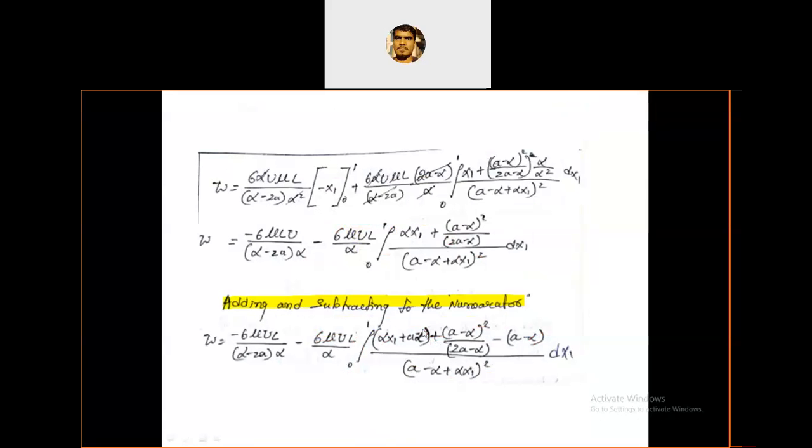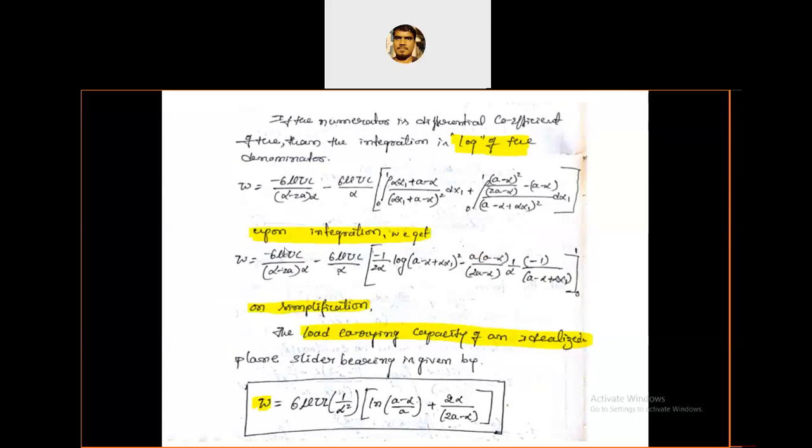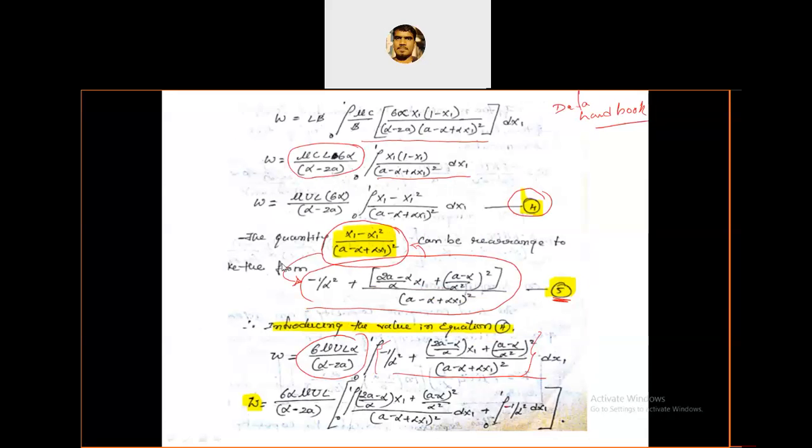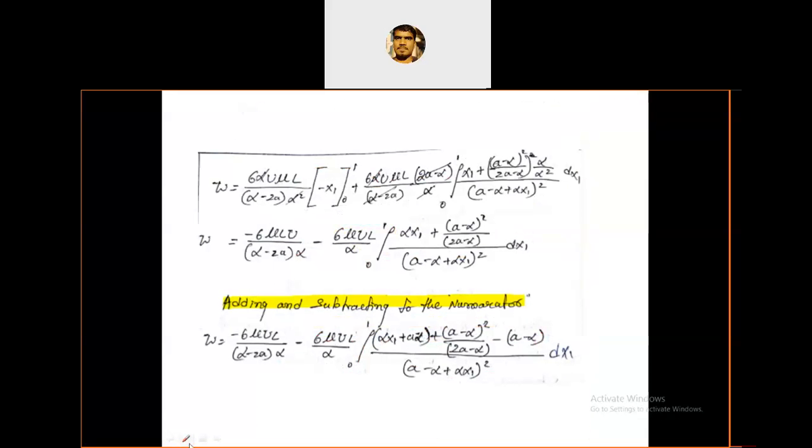So next, the same w is equal to the same constant terms, and here 1 by alpha square is there, that we integrate. The integration of dx1 is x1, and apply the limit 0 to 1.